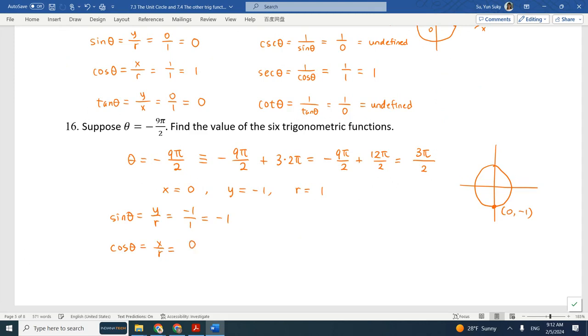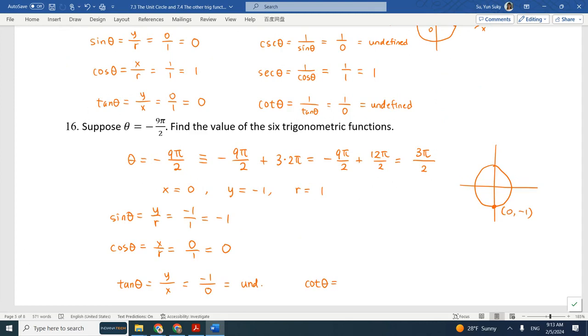X is 0 over 1, so 0. And tangent is y over x. Y is negative 1. X is 0. Ooh, what's that? Undefined.